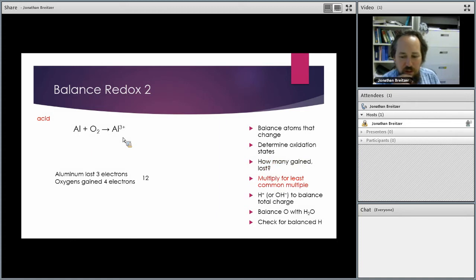We're going to multiply now to get the least common multiple. What do we multiply the aluminum by? Multiply the aluminum by 4. What do we multiply the oxygen by? Multiply the oxygen by 3. Notice we still haven't balanced the oxygens on the right side, because we'll take care of that later.